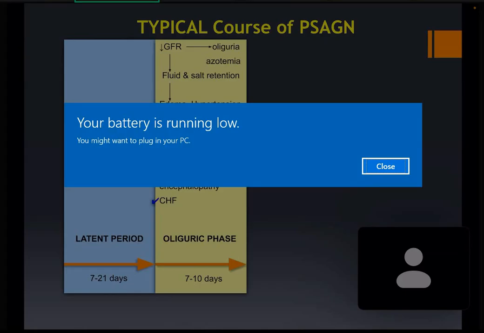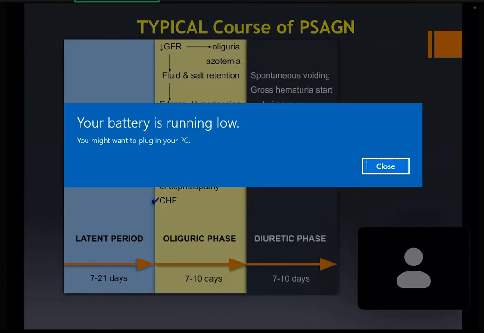They'll present with oliguria and azotemia because of the low GFR. There's fluid and salt retention. Hence, the patient becomes edematous and hypertensive. And in very severe form, they can present with renal failure, hypertensive encephalopathy. When they have seizures, they have hallucinations. Sometimes they become intubated because of this, and heart failure.